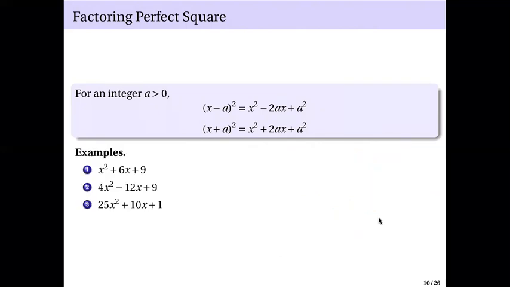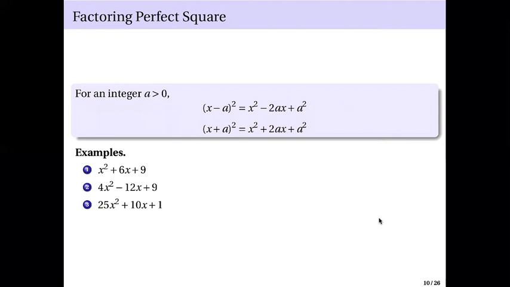Here are the examples. So you have to identify immediately if it is a perfect square trinomial. If you cannot identify immediately that this is a perfect square trinomial, of course, there will be other ways.